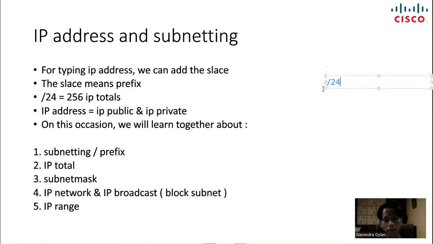The slash means prefix, and slash 24 means we have 256 IP totals. And then IP addresses divide into two segments. The first is public IP and the second is private IP.